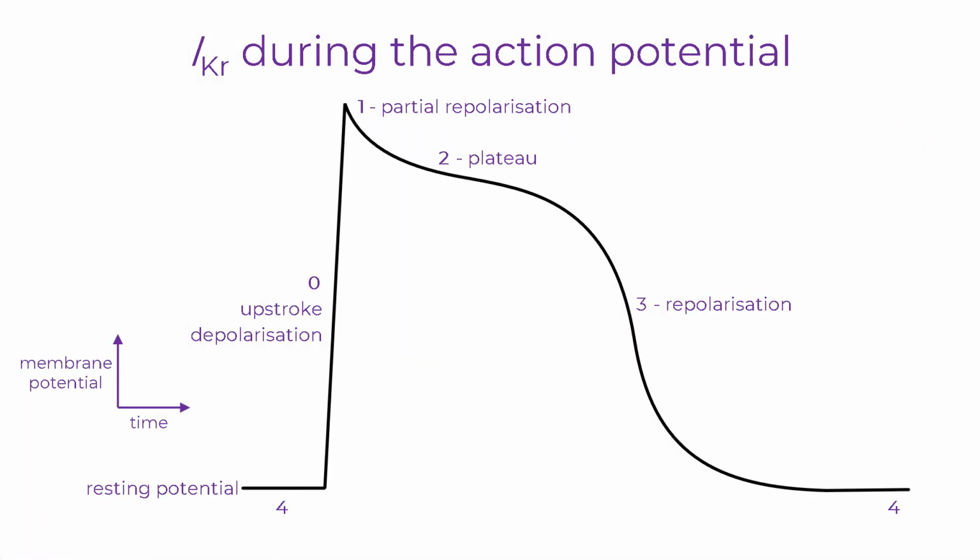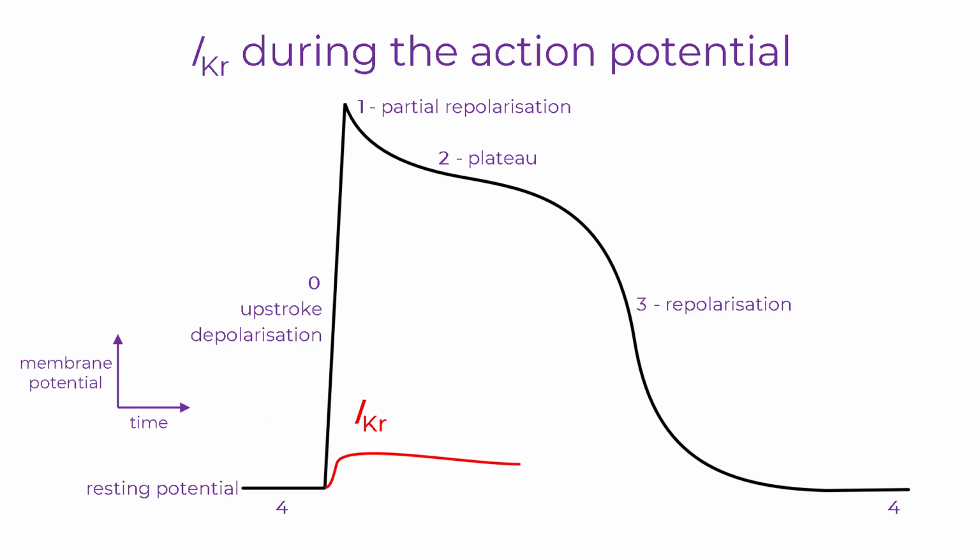Let's now see what this looks like during the ventricular action potential, starting with IKr. Although IKr activates rapidly with depolarization, much of the current is immediately inactivated, so its contribution during phases 1 and 2 is relatively limited.